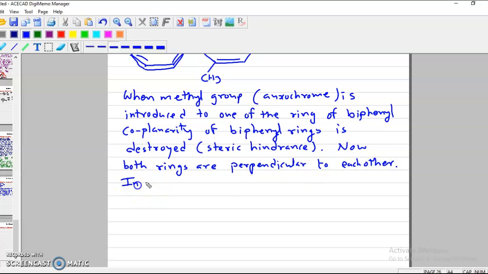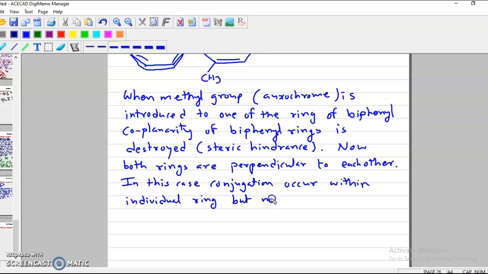In this case, conjugation occurs within the individual rings, but is not extended in different rings. So this will decrease conjugation.